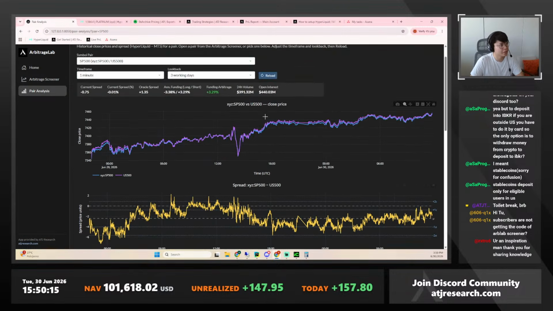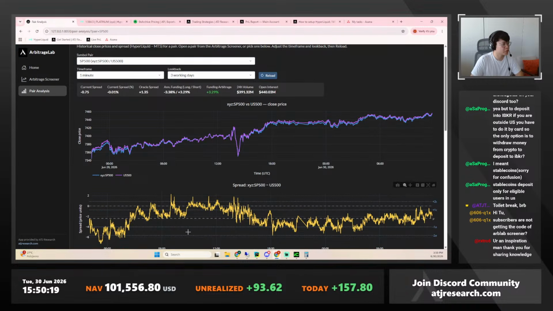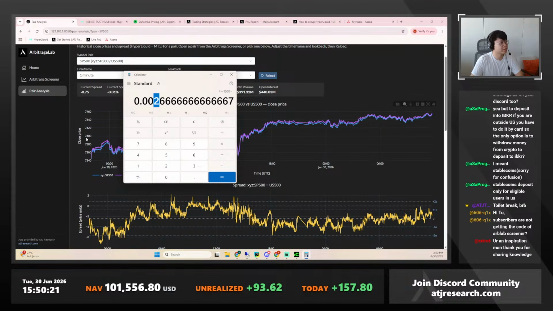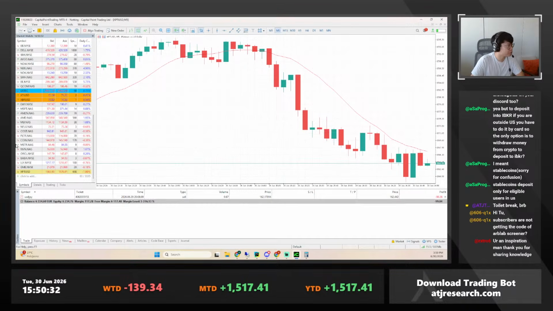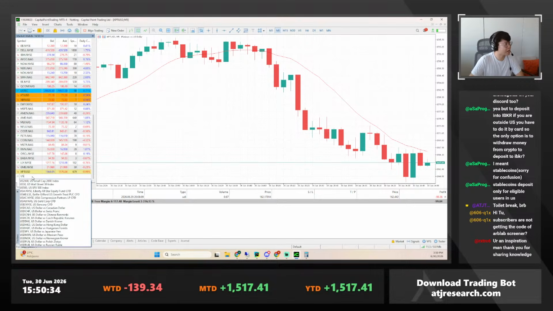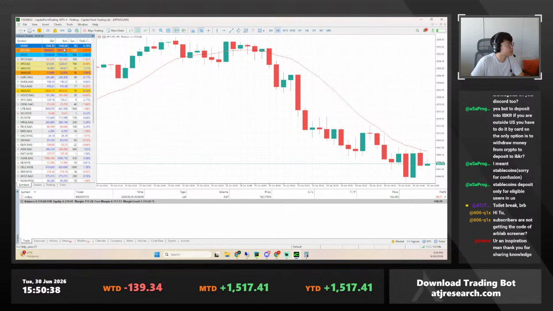If you know that Hyperliquid has 0.03% commission right now, you'd have to take the current market price, which is 7,300 times 0.00003. So it's 21 cents. And then on MT5, if you want to trade US 500, you have to add the spread, which is another 30 cents.